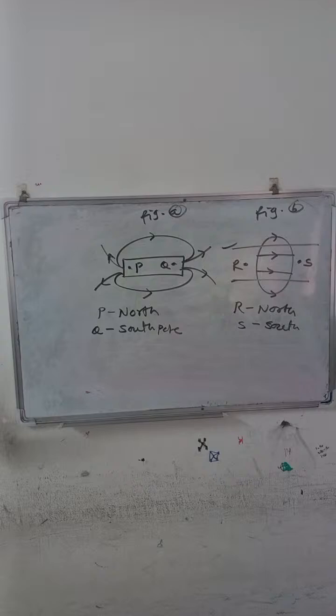If magnet X is moved towards magnet Y, as indicated by the arrow, will the two magnets attract or repel each other?